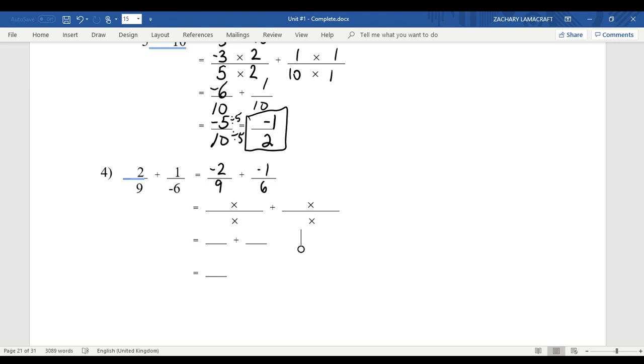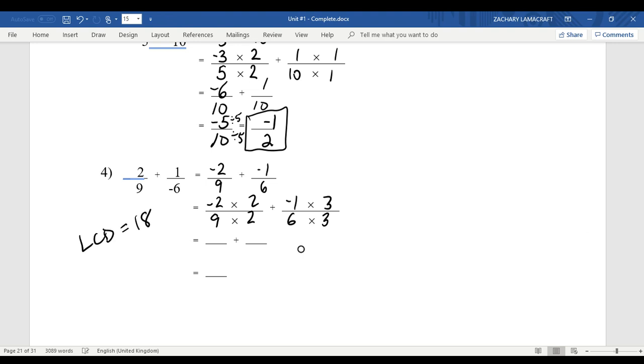Any ideas? Maybe I'll show you. If I have negative 2 over 9, 9 times 2 is what? 18. And if I have 1 over 6, 6 times 3 is what? 18. So we need to find something that we can multiply these two by to make the same denominator. So in this case, that LCD is equal to 18.